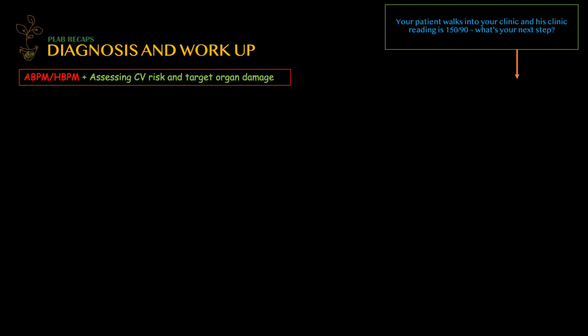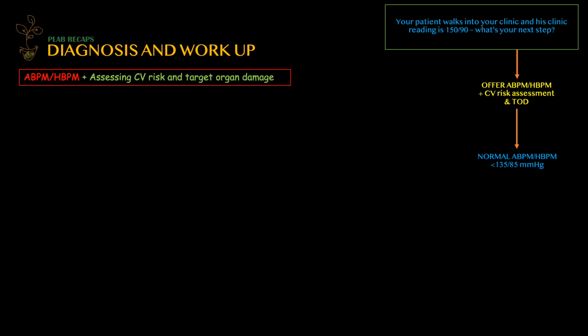Ideally, because it's your first clinic BP reading, you'd want to repeat the clinic BP reading within the same consultation. If both are around the same value of 150 by 90, so they're clearly high, the cutoff is 140 by 90, you would arrange an ambulatory or a home blood pressure monitoring for your patient.